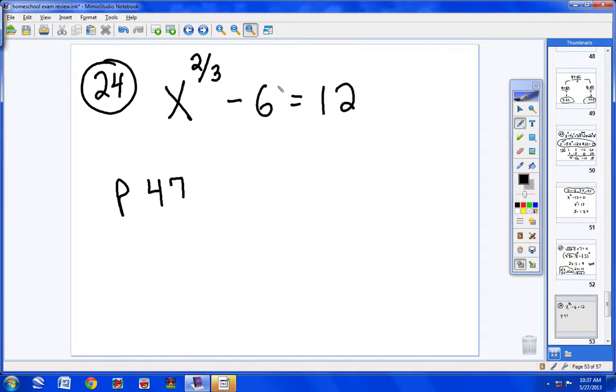Now we're looking at this type. It's also on page 47 in your notes, and these are called rational exponent equations.